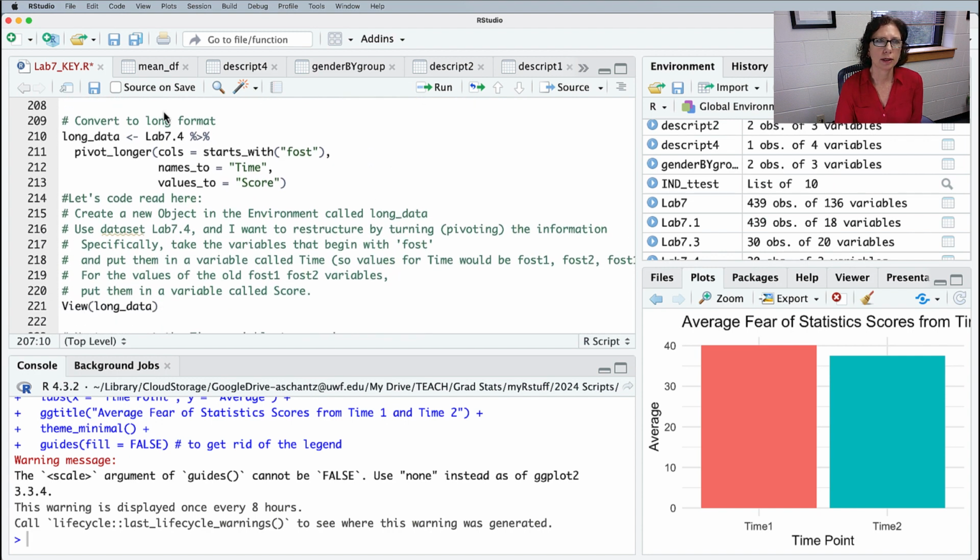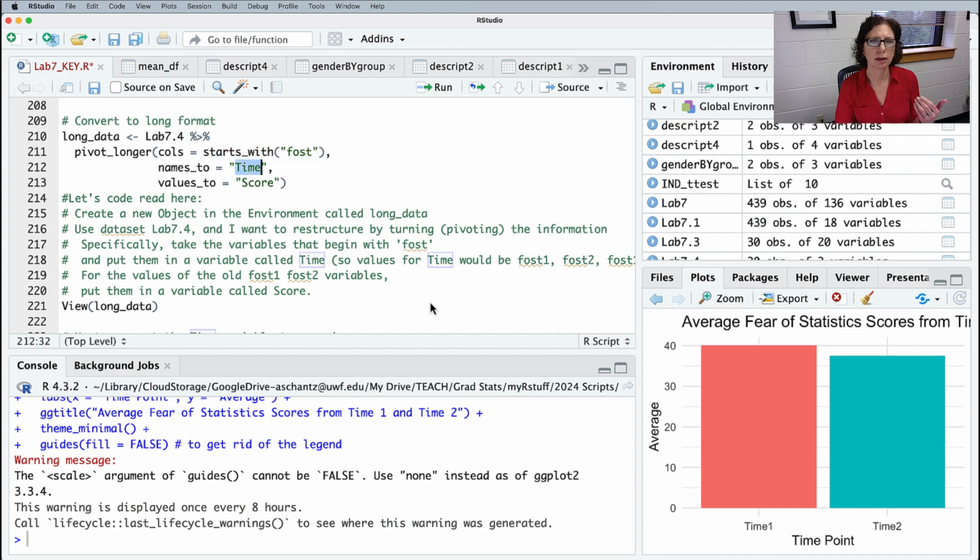What we're going to do here, converting to the long format, this says create a new object in the environment called long data. Use Datasets 7.4, and I want to restructure by pivoting. I want to pivot the information and specifically take the variables that begin with the word FOST and put them into a variable called time.